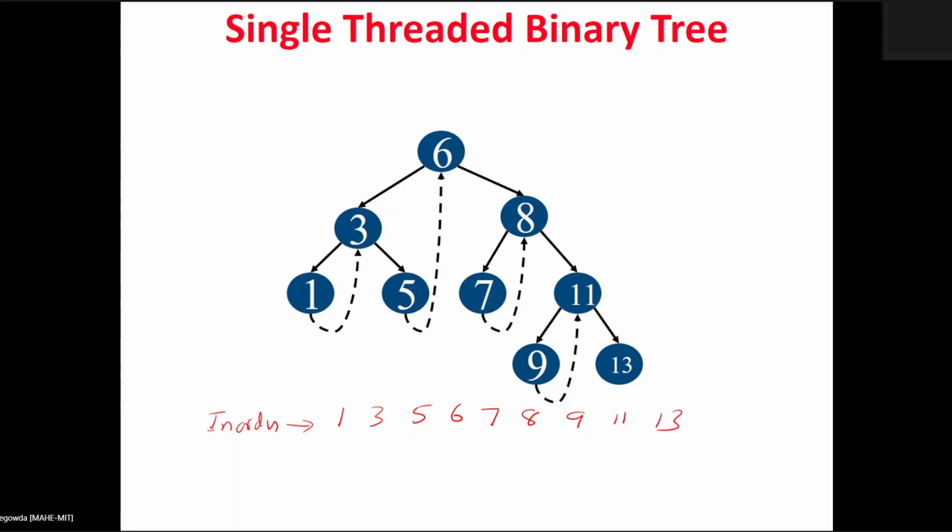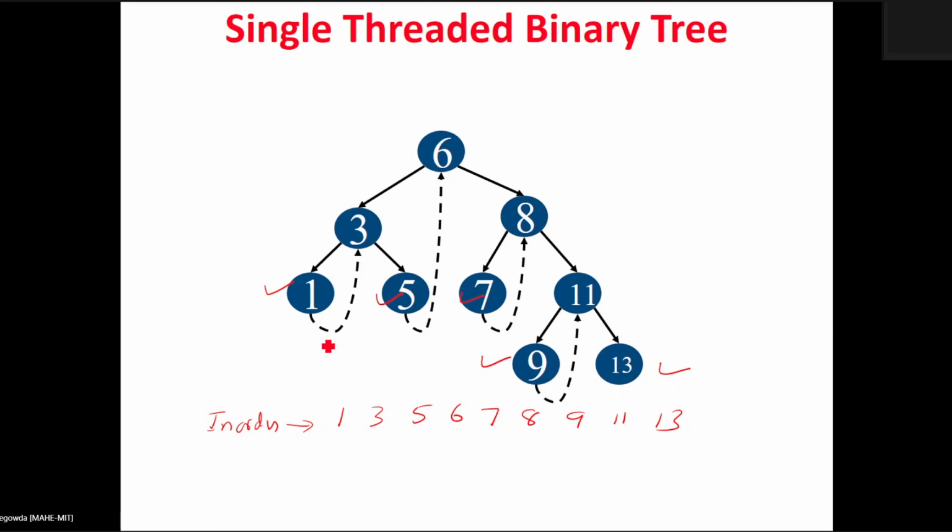This is an example of a right-threaded binary tree. If you look at the nodes 1, 5, 7, 9, and 13, the link fields of all these nodes are empty.